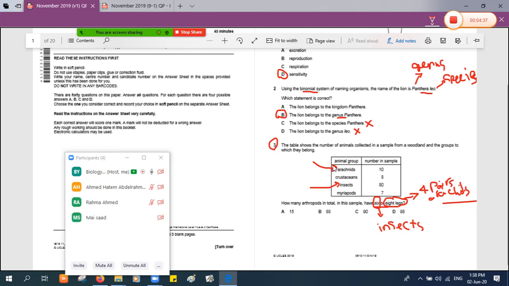So can you calculate it for me, please? Okay, it will be C, okay, 90, because here we have 80 insects, and 80 and 10 is 90. So did you get how to solve this question? Okay.